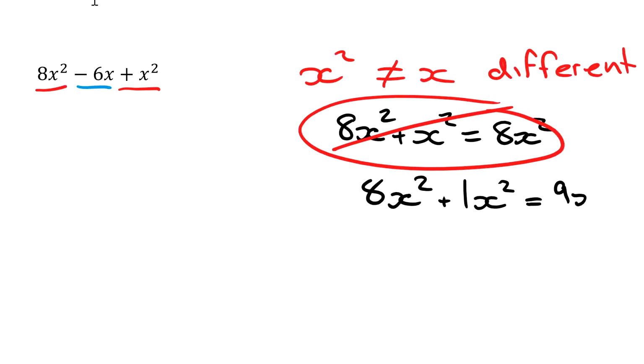That's 9x squared, which is the correct answer. So you've got to make sure if it's just a pronumeral by itself, it actually has an invisible 1 out the front, so it's one of them. So 8x squared plus x squared gets me 9x squared. We don't have any other x's by themselves, so the minus 6x remains the same.